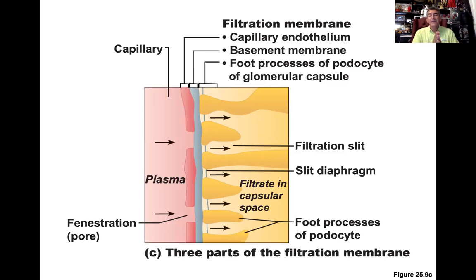If you remember, if plasma gets pushed out into the extracellular space, it's extracellular fluid. Once extracellular fluid gets picked up by the lymphatic vessel, it's called lymph. If plasma is pushed out into the glomerular capsule, we call it filtrate, right? So it's basically the same kind of liquid, just in different parts of our anatomy.